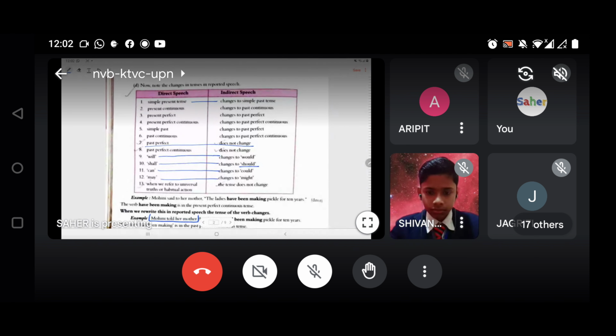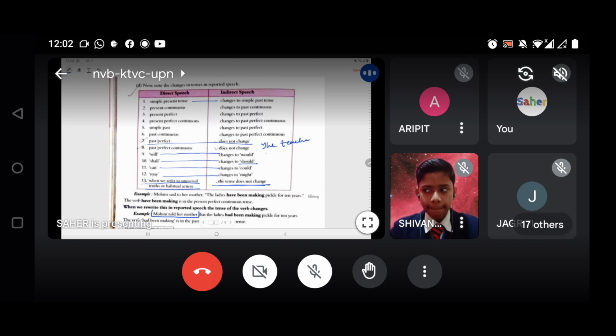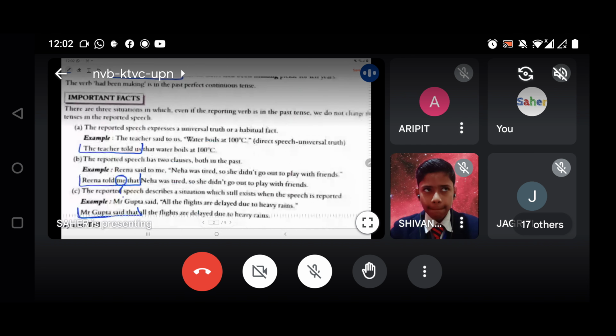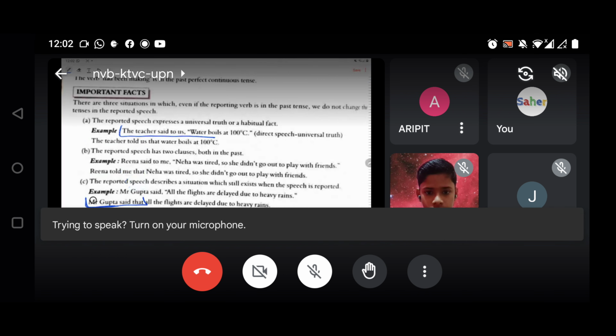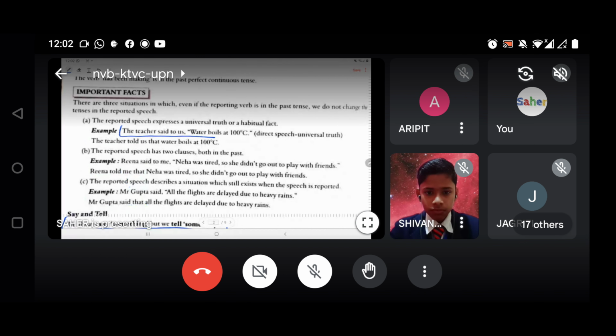And when we refer to a universal truth or habitual action, the tense will not change. For example, the teacher said to us, water boils at 100 degrees Celsius.